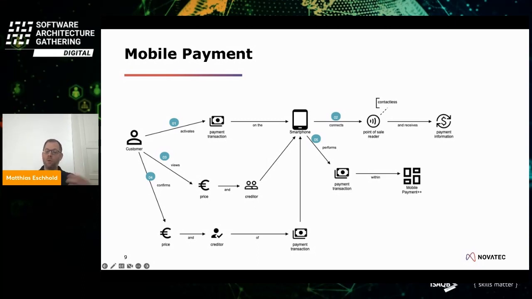Domain storytelling is one example for a so-called collaborative modeling technique. Event storming is another example. Both have in common that the methods are lightweight and easy to understand for developers and domain experts. To be honest, it's not so easy to facilitate these workshops, but the attendees of the workshop, domain experts and developers, could engage really fast because it's an easy method.